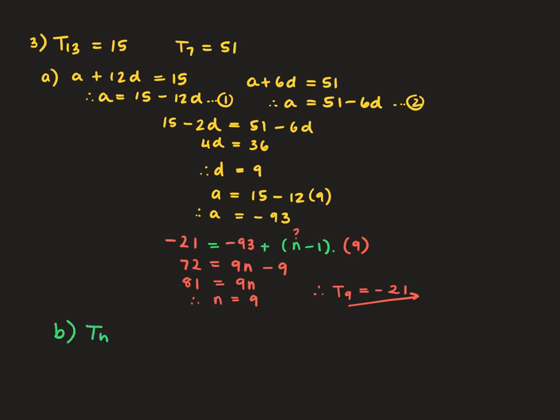You said that Tn is equal to a plus n minus 1 times d, knowing that a is negative 93 and d is 9. Show that 66 is not a term. So we're going to let the value be 66.